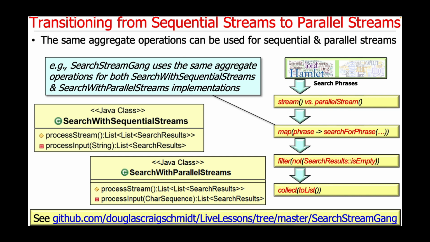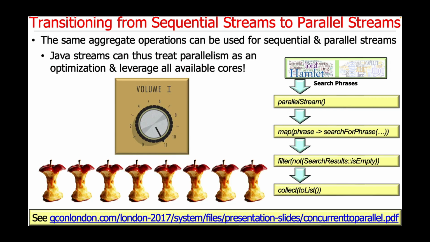That would have made the code even more identical and parameterizable. I chose not to do that for various reasons, but very small changes are required. As a consequence, and this is a really nice feature of Java Streams with respect to parallelism, you can just treat parallelism as an optimization, and without much effort on your part, you can get parallel processing without changing the programming paradigm much at all, which is really cool.